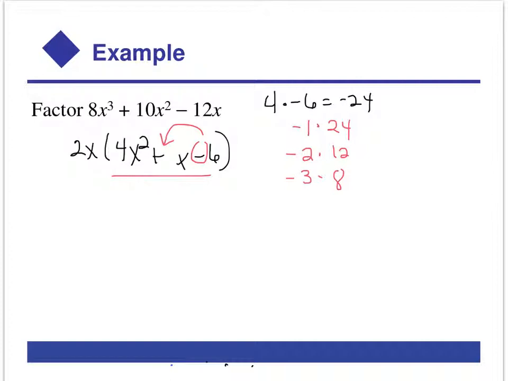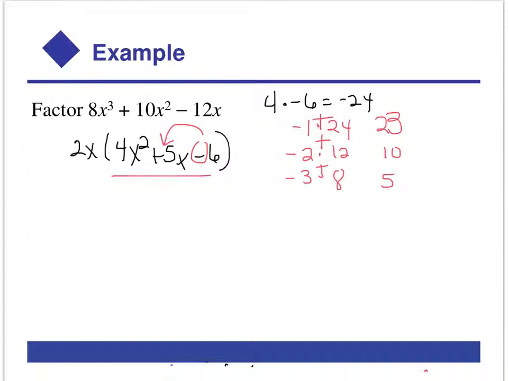I think I dropped my 5 right there. I didn't write it down. There we go. Now, I'm going to stop there. And if I put a plus sign in here, this gives me 23. This one gives me 10, and this one gives me 5. So now we have the factors that we needed.